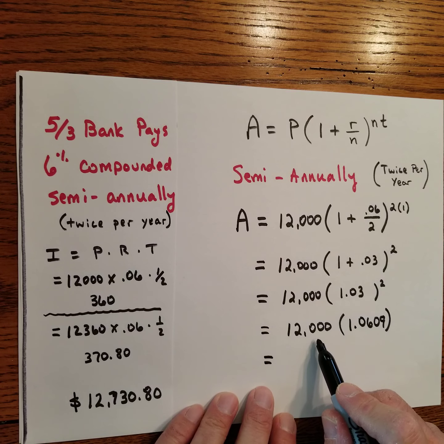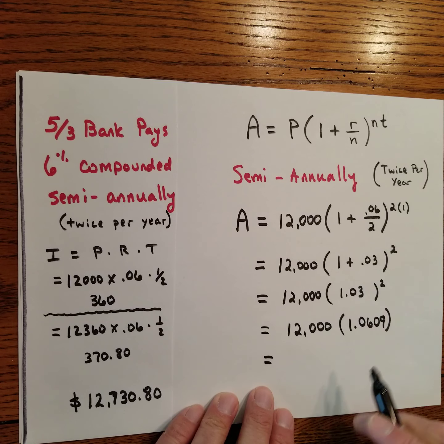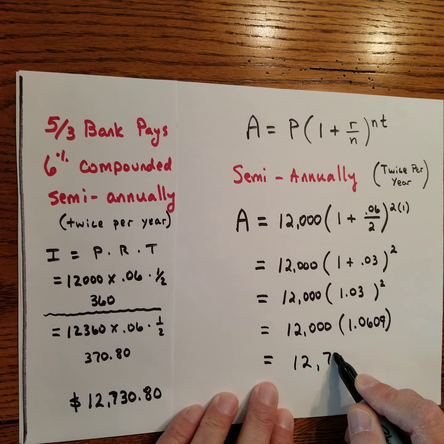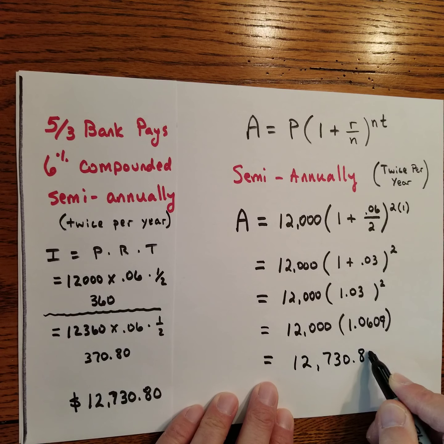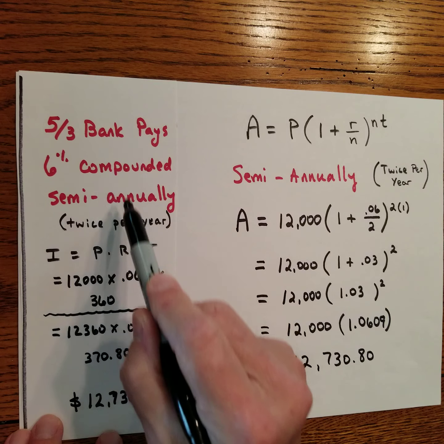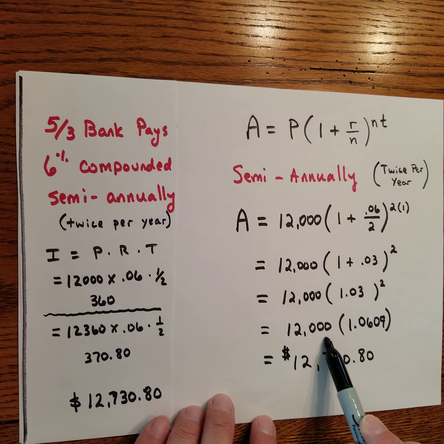Finally, we multiply 12,000 times 1.0609, and we get $12,730.80. Same answer we got by using the simple interest formula, but now we can do the whole thing in just one step. Great.